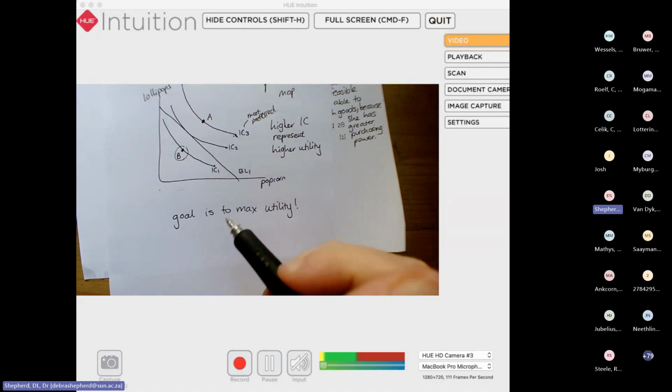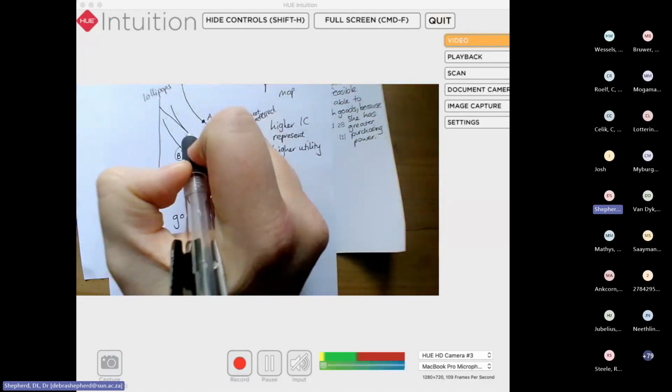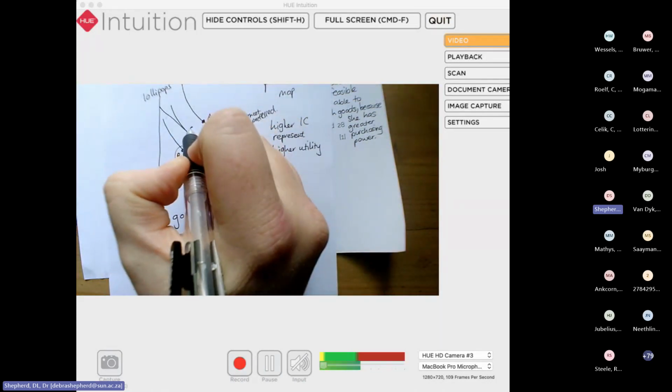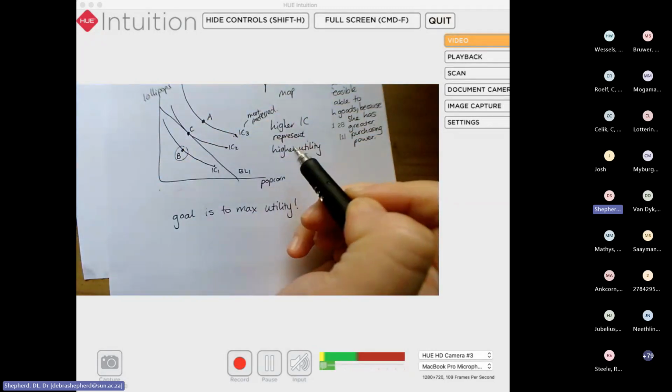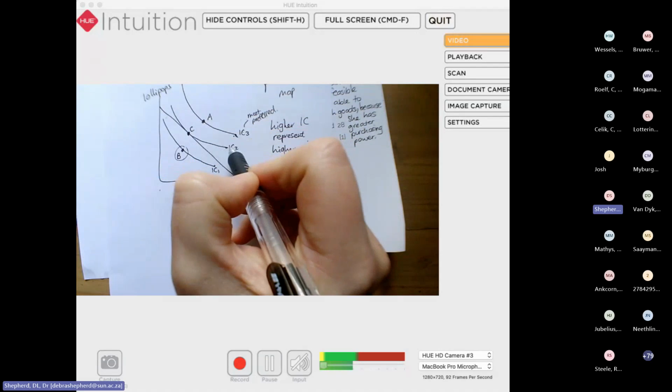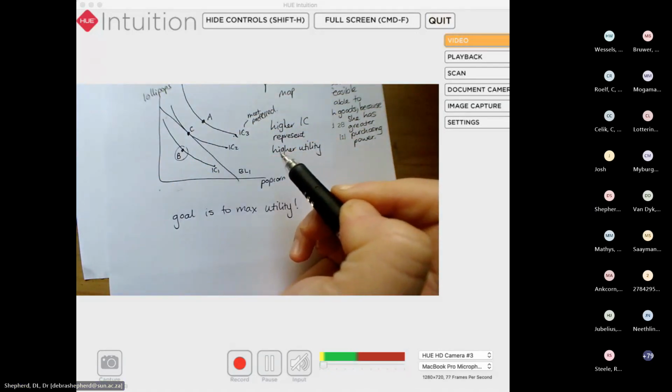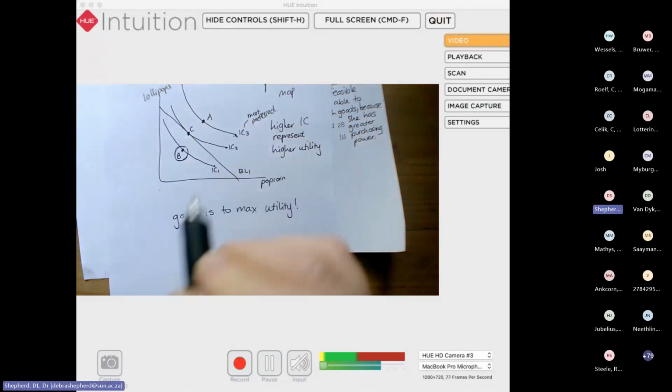I would not choose B because this point over here, let's call it C, is also affordable, but it gets more utility. So B, yes, feasible, but isn't achieving the goal of maximum utility.